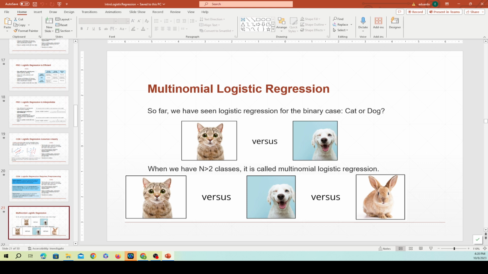When we want to classify a cat versus a dog versus a bunny, we can do a logistic regression for classifying a cat versus not a cat. In other words, cat versus a dog or a bunny. Or we can run another logistic regression algorithm to label them as either a dog or a cat and bunny.